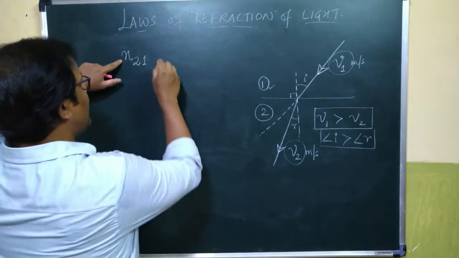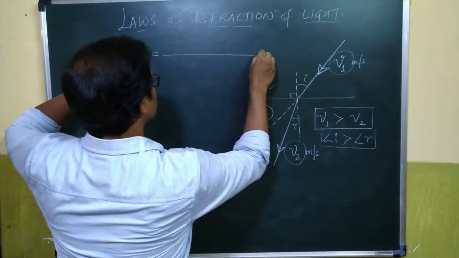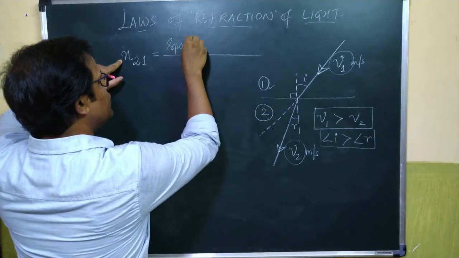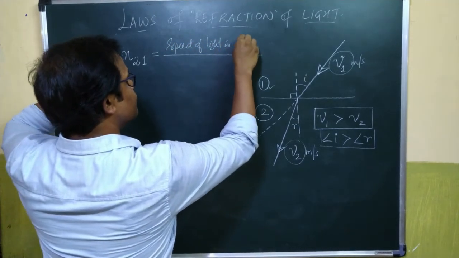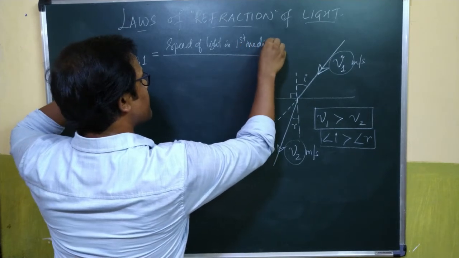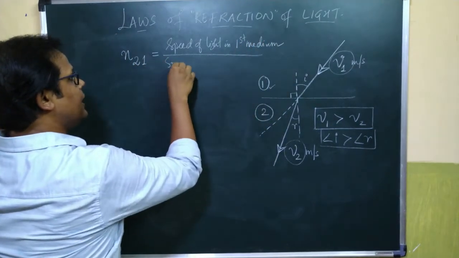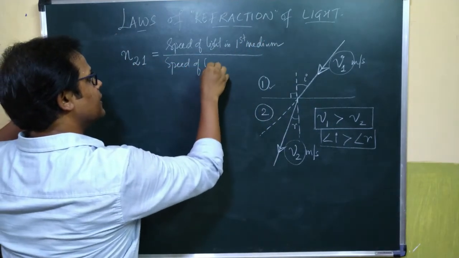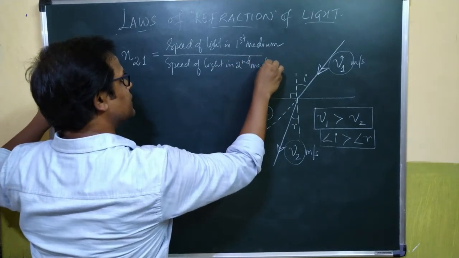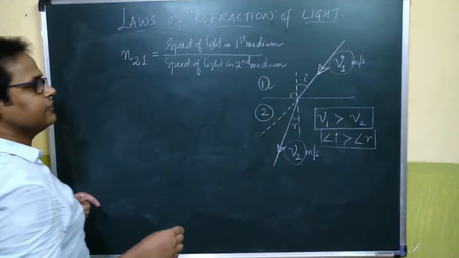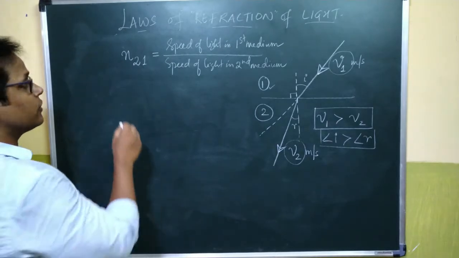Then n21 is equal to the speed of light in the first medium by the speed of light in the second medium. This is the definition of refractive index with respect to the speeds of light.